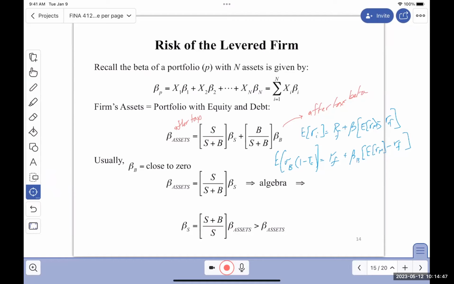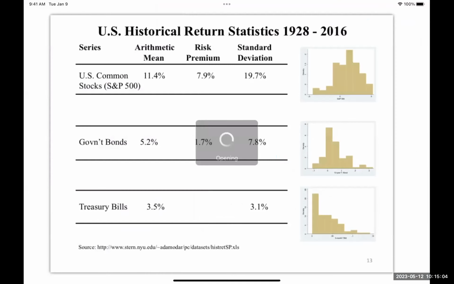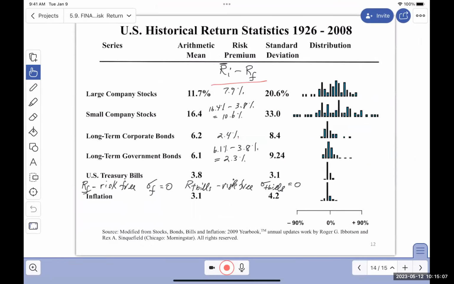Okay, so the point is that debt has a very low required rate of return, right? It's lower than equity. If you remember back to the tables that we looked at, long-term debt has a much lower return than stock.